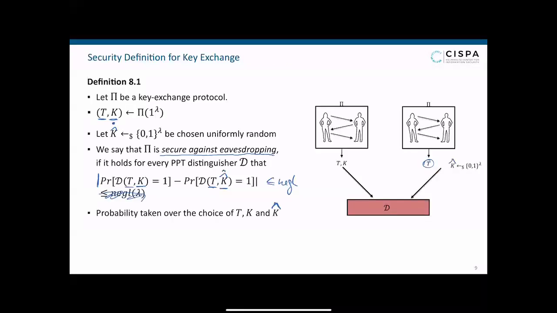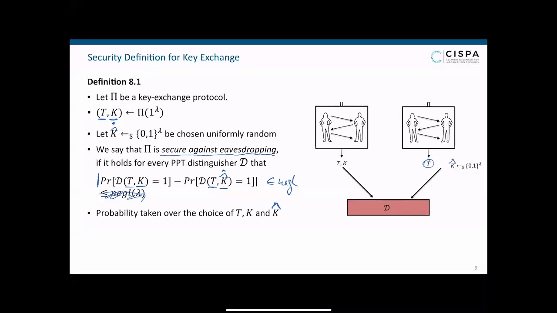Whoops, now jumped already ahead. But let's maybe quickly take a break and try to interpret this definition. So what does this definition give us? On the one hand side, the adversary gets a transcript of the protocol, which is public, which you can observe, and the key that comes out of this protocol.